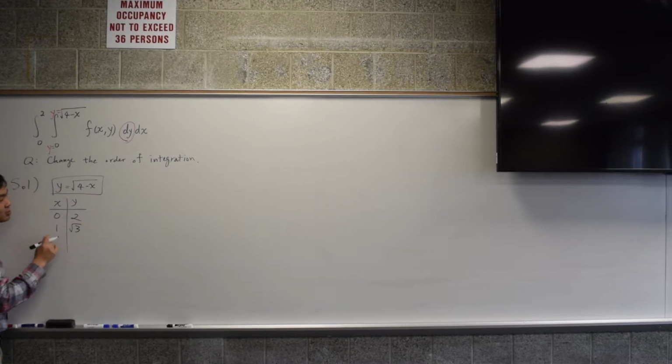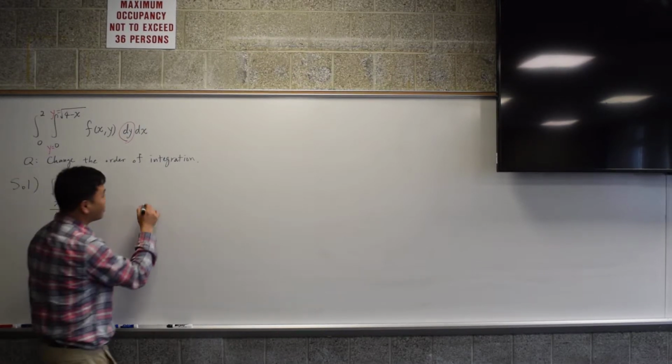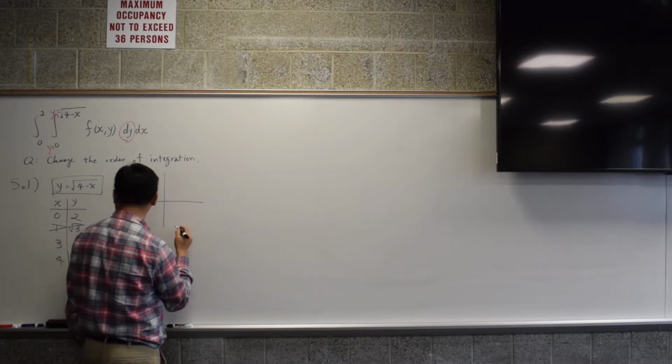I don't know what that is. So let's move on to 3, because I like 3 since 4 minus 3 gives you 1 and the square root of 1 is 1. And then if I plug in 4 you get 0. So it's just (0, 2), (3, 1), (4, 0). Let's plot those points and see what kind of graph I get.